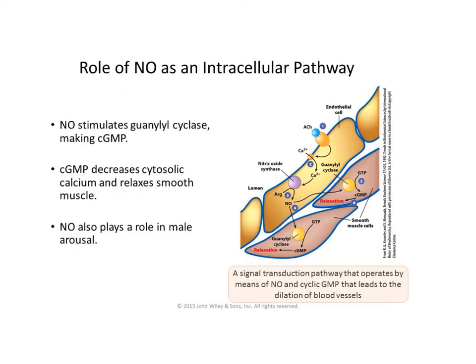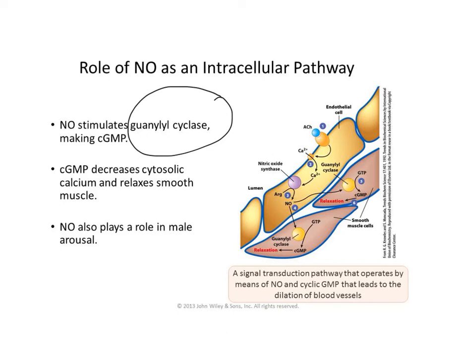So to give you even more details in relationship to the NO pathway, NO, when it's produced by endothelial cells, will move into smooth muscle cells, and its receptor that it will actually bind to is an enzyme called guanylyl cyclase. And when guanylyl cyclase binds to nitric oxide, it will lead to increased levels of cyclic GMP.